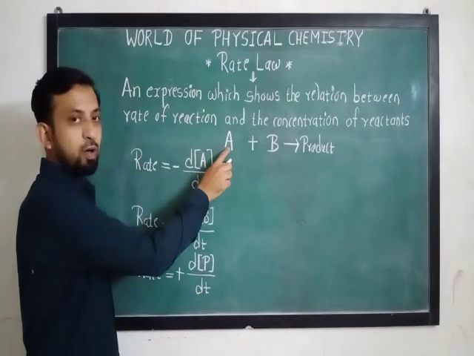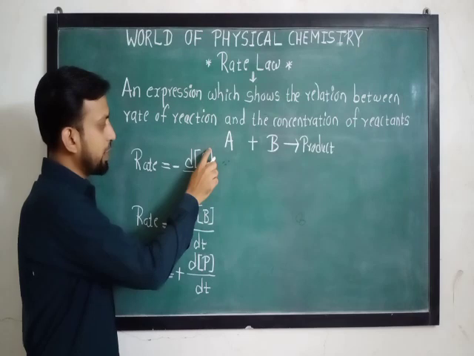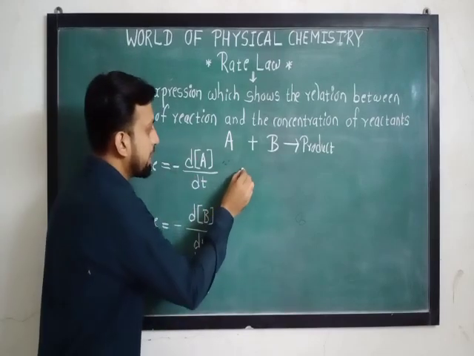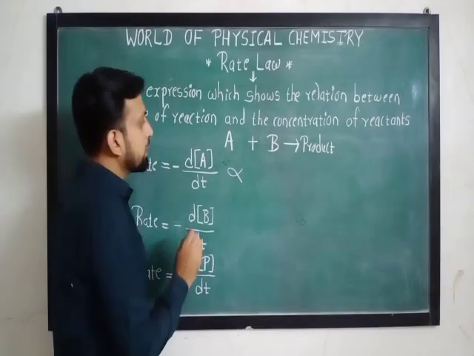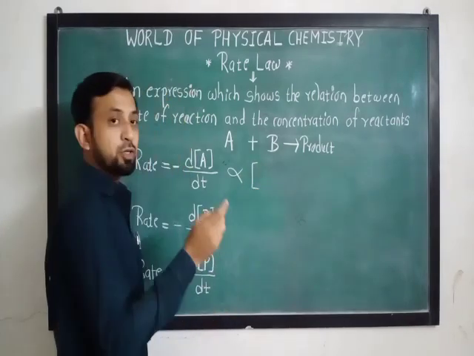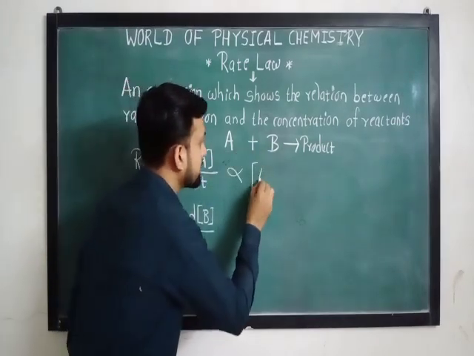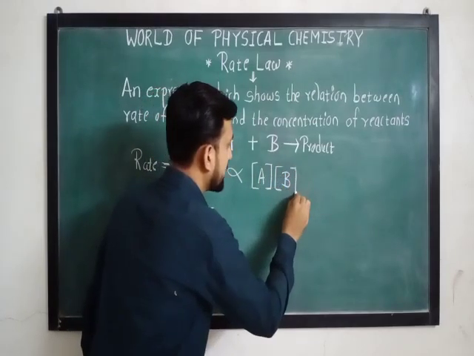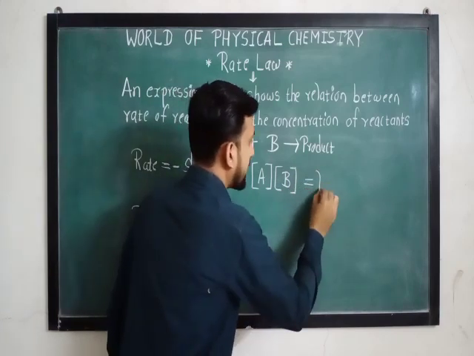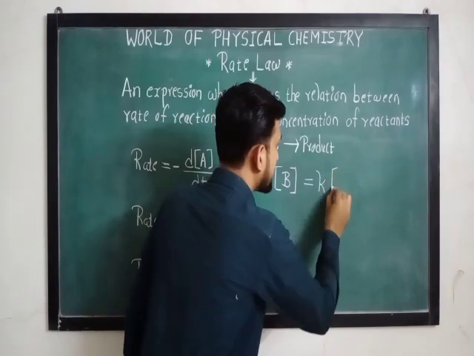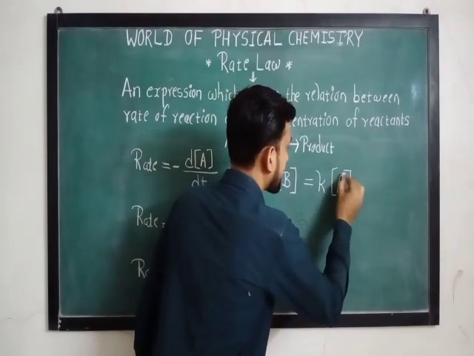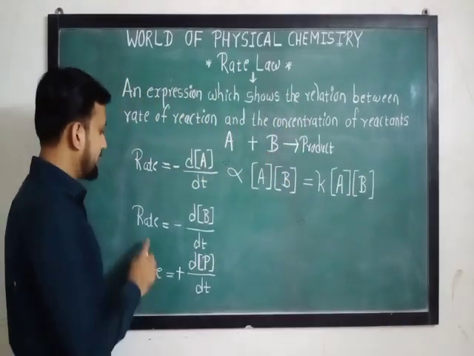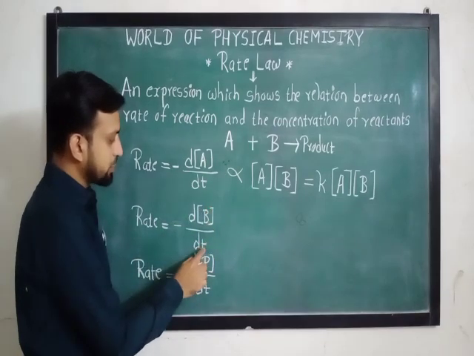Here, first we write for A: rate is the change in concentration of A with respect to change in time t. It decreases, therefore we put a negative sign. It is directly proportional to concentration of reactants. Here two reactants are there, therefore it is concentration of A and concentration of B, which is equal to k, the proportionality constant, nothing but rate constant, into concentration of A into concentration of B. For reactant B, we can write rate is equal to the change in concentration of B with respect to time t.